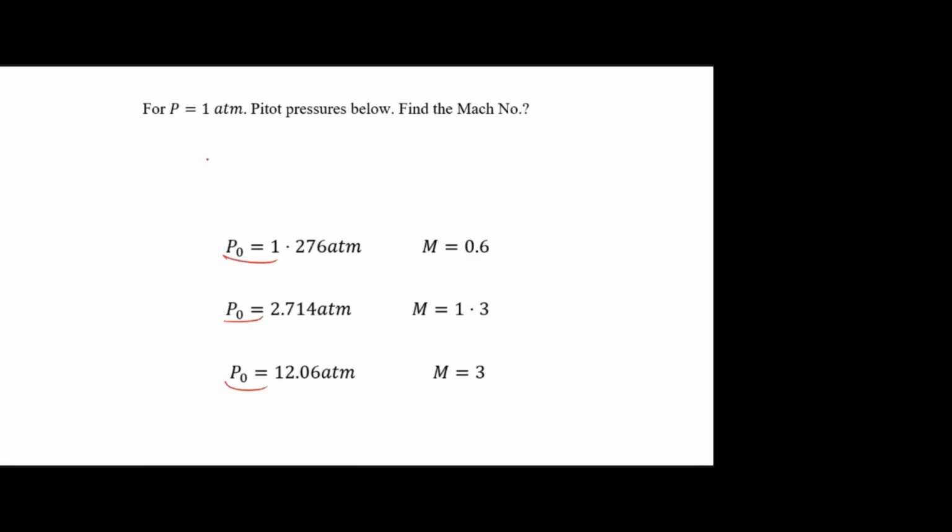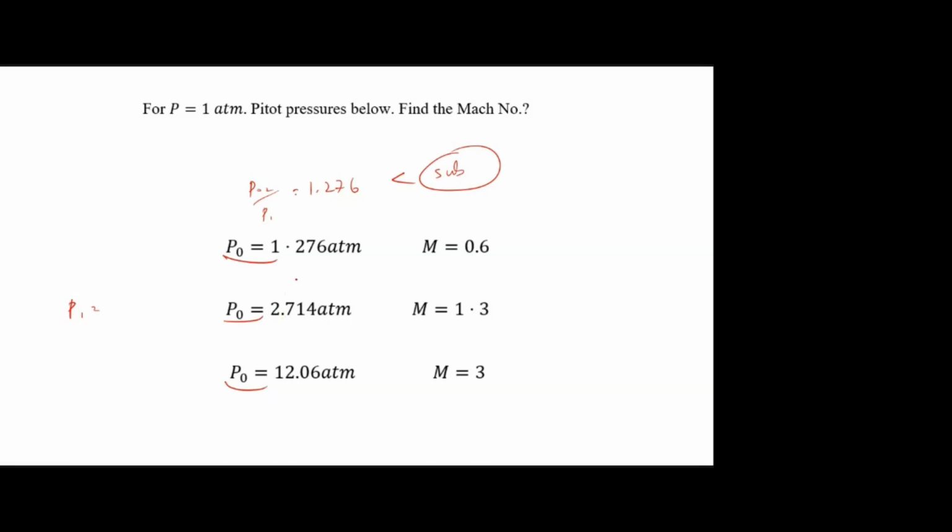Okay. So the given free stream pressure is 1 atm, and they are given different P naught values. P is constant, and for different P naught values we have to find the corresponding Mach numbers. So here, if you find it is 1.276, so less than 1.893, so the Mach number is subsonic.